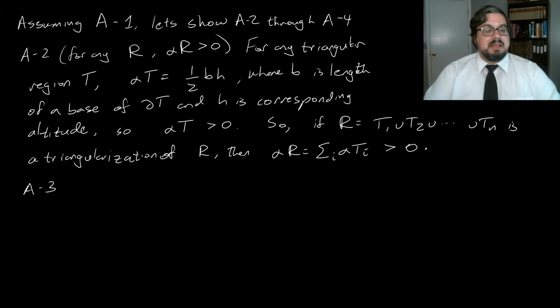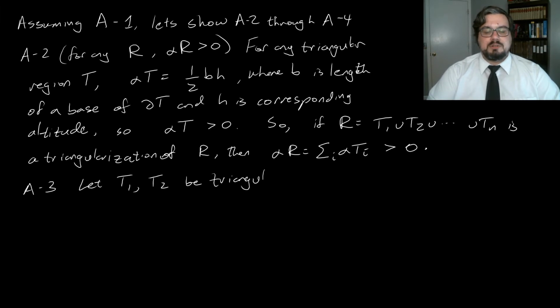A3 says that if two triangles are congruent, then their areas are the same. The areas of the regions with those boundaries are the same. So let's let T1 and T2 be triangular regions, and let's suppose that the boundary of T1 is congruent to the boundary of T2.